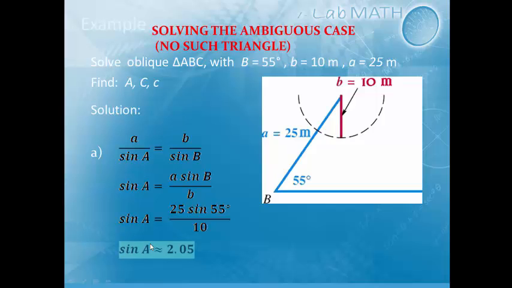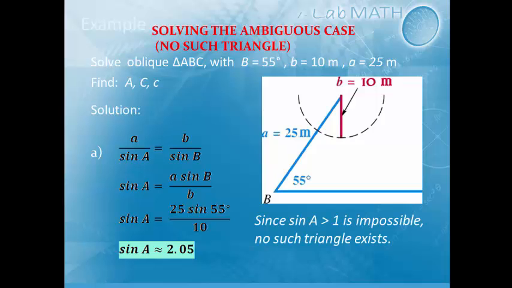Using your calculator, you get sine A is equal to 2.05. Sine A is greater than 1 here, and that is impossible. So if you use your calculator, it will just display error since no triangle exists.